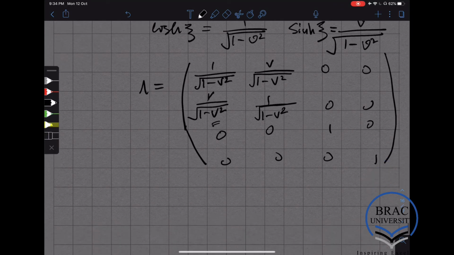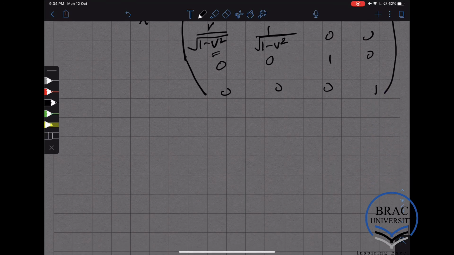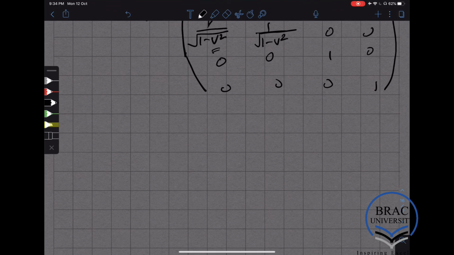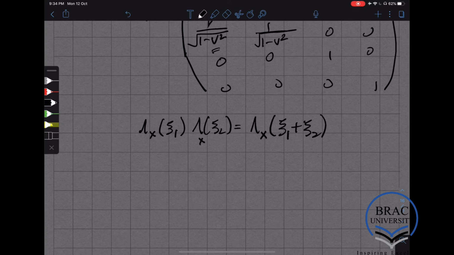However, expressing our Lorentz transformation in terms of rapidity has an advantage over expressing it in terms of v. And that is, if I take two consecutive Lorentz transformations in the x direction with rapidities, say, psi1 and psi2, then the resulting transformation is a Lorentz transformation where the parameter is just the sum of the rapidities.